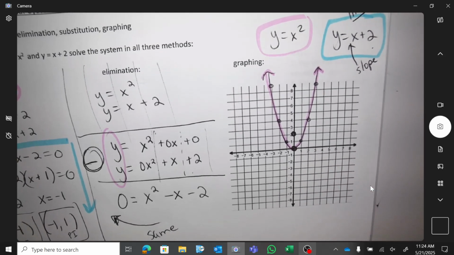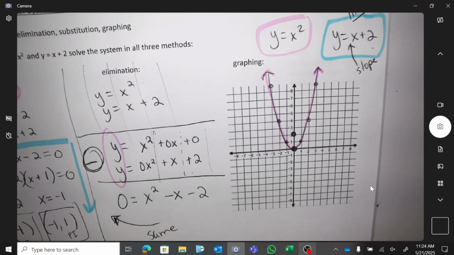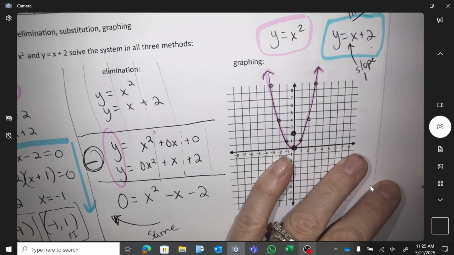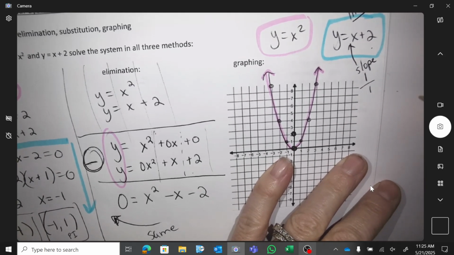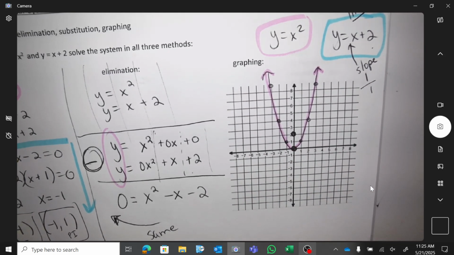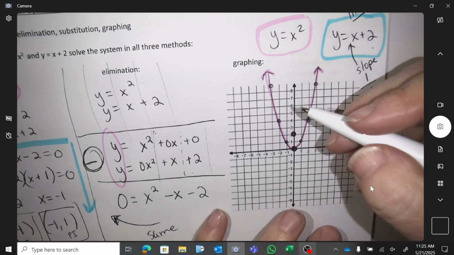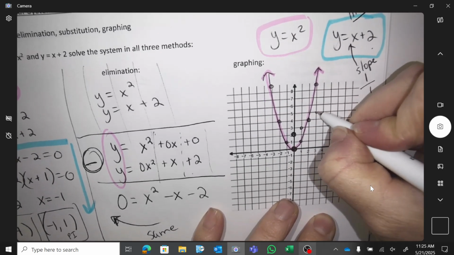The slope would be how many x's you see, and you only see one x. So as a fraction, you're just going to do ones and ones. Think about your stairs. You're climbing 1, 1, 1, 1.